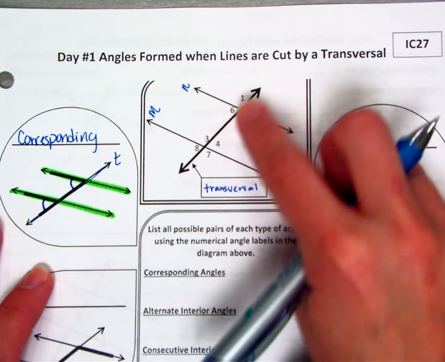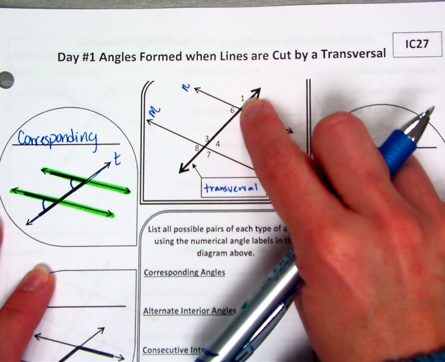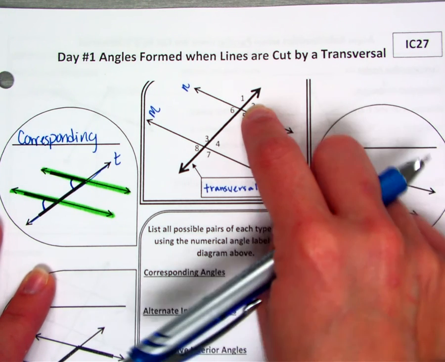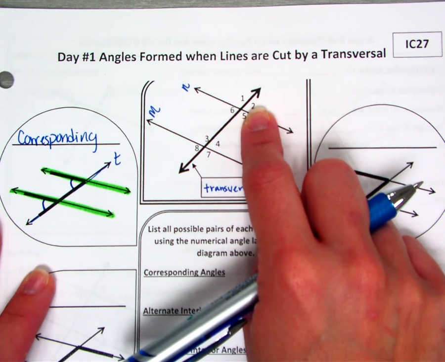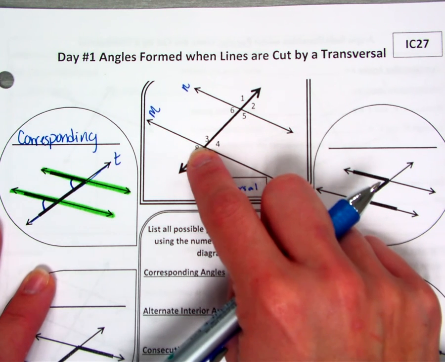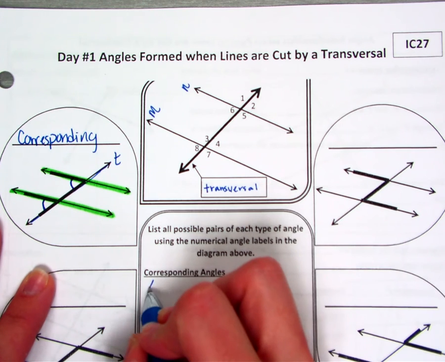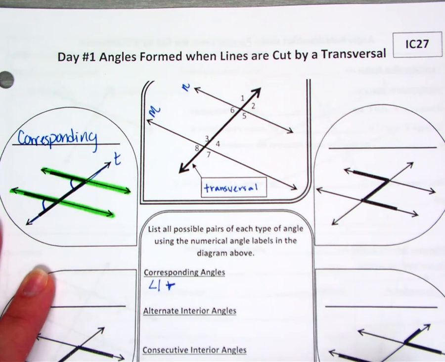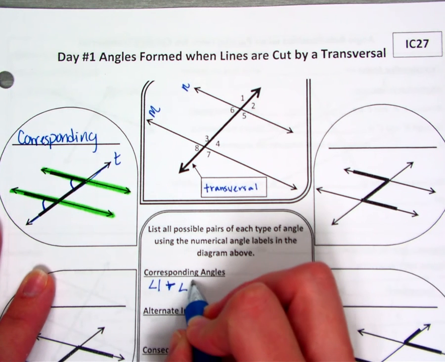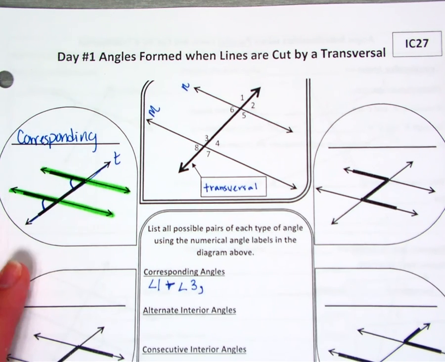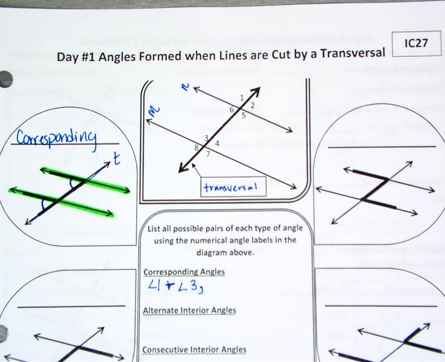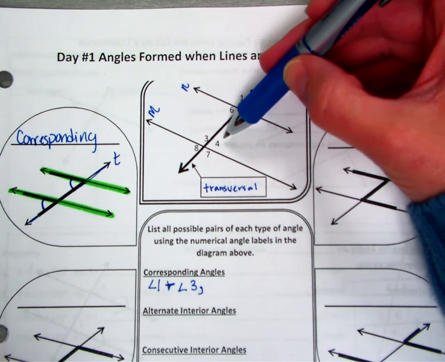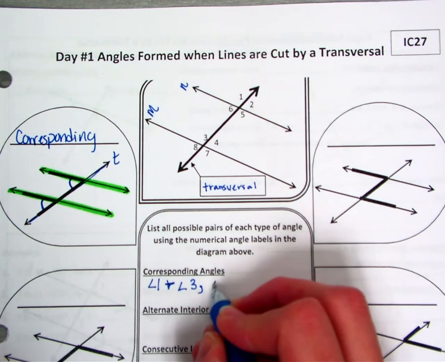So in the picture, angle 1 would go with angle 3. So what angle up here in this group of 4 matches up with or corresponds to the angle down here in this group of 4? So angle 1 and angle 3 would go together as corresponding angles. Then if I went over here to angle 2, angle 2 would go with angle 4.